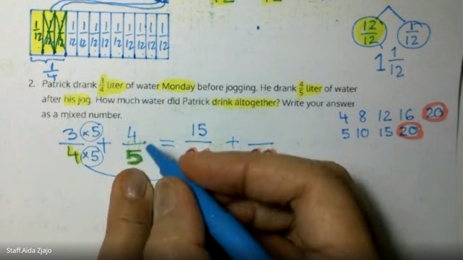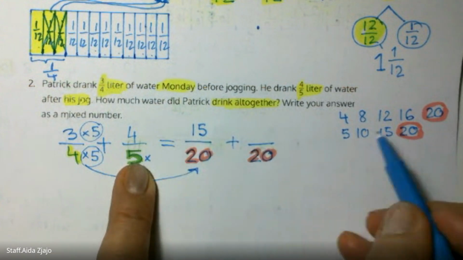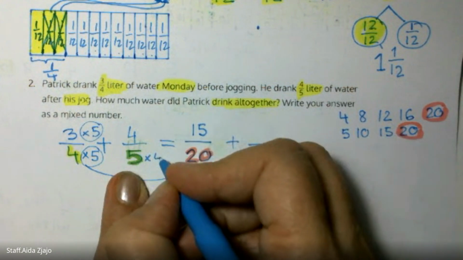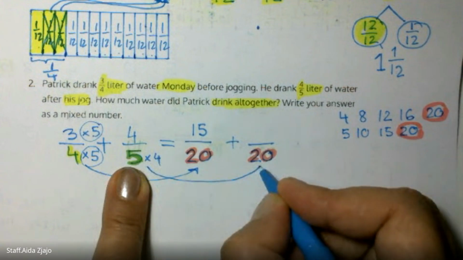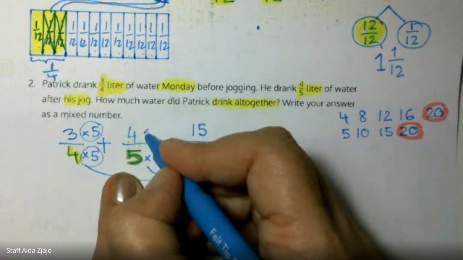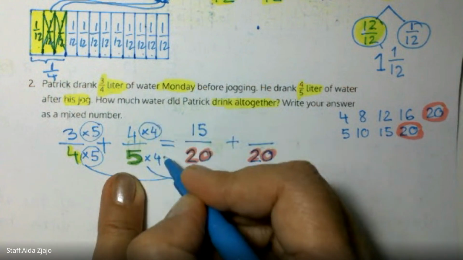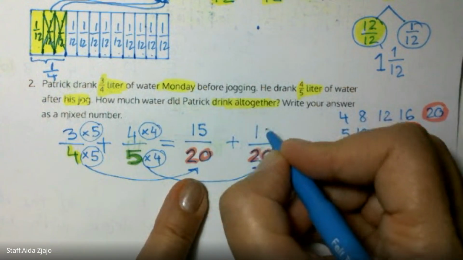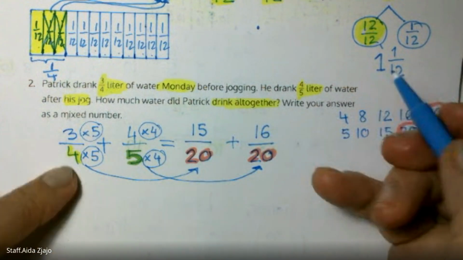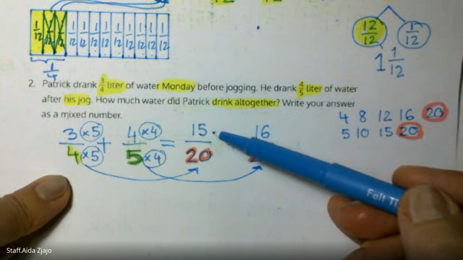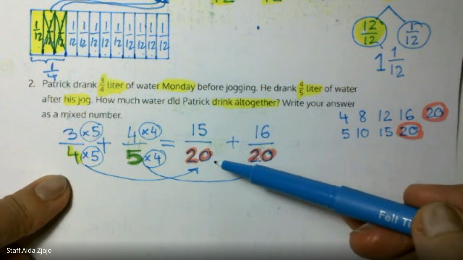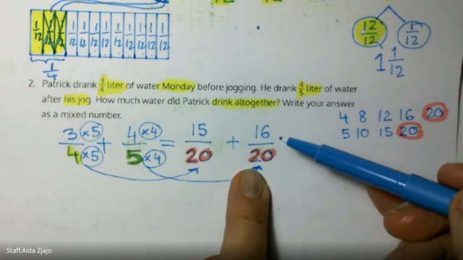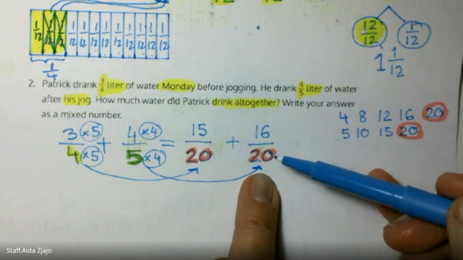And now I'm going to say, okay, 5 times what? 1, 2, 3, 4. 5 times 4 equals 20. So same thing with the numerator. Now 4 times 4 will be 16. So 3/4 will be the same as 15/20, and 4/5 will be the same as 16/20.